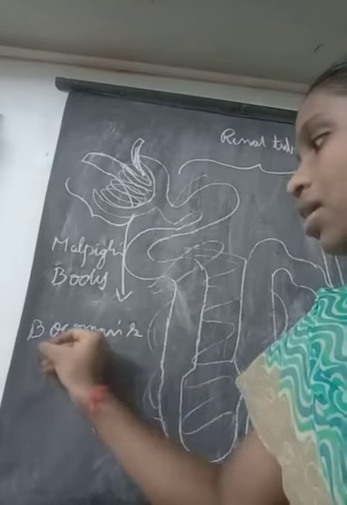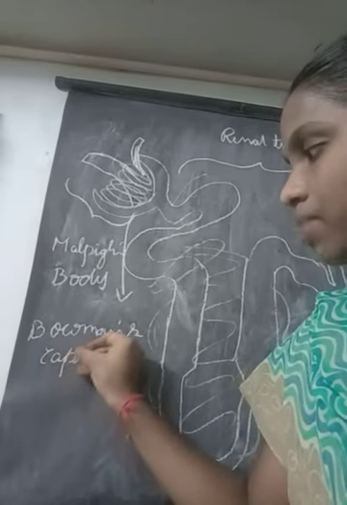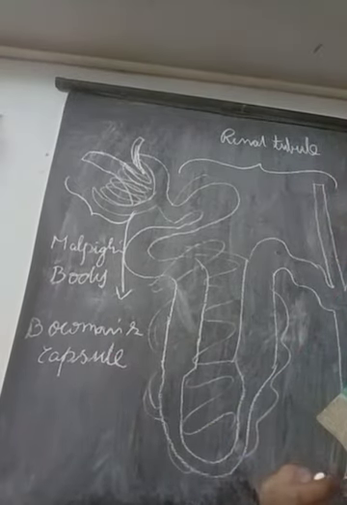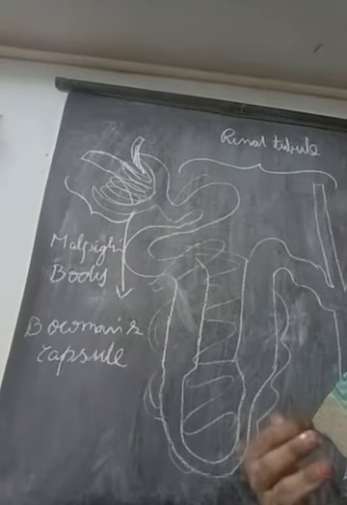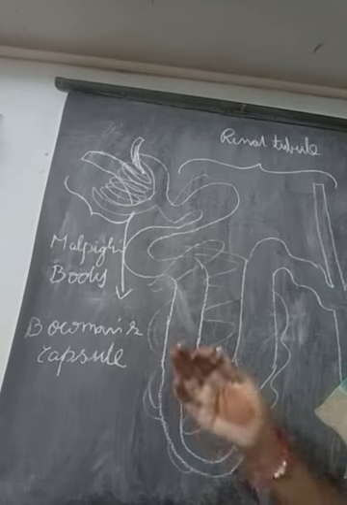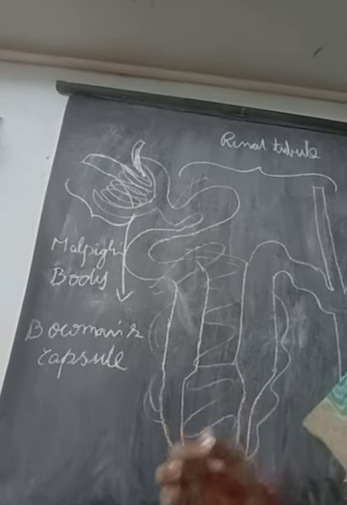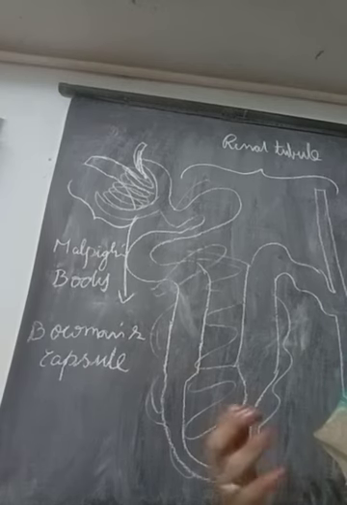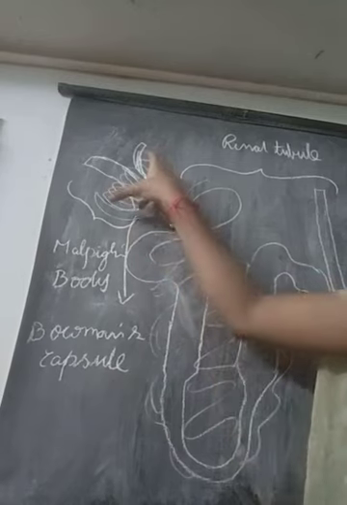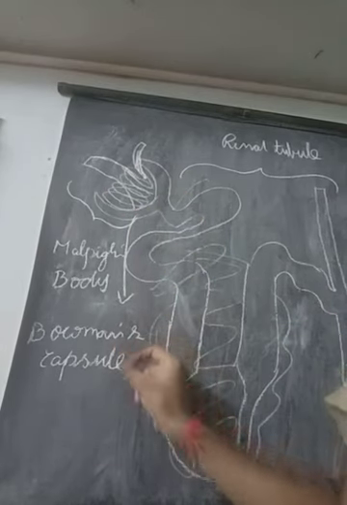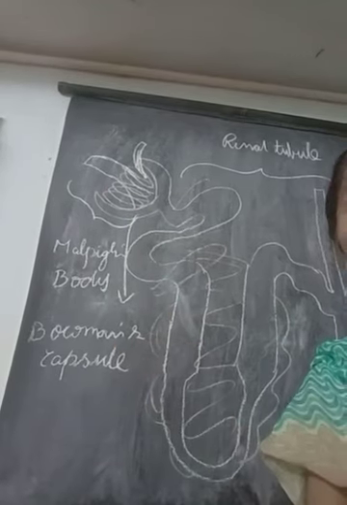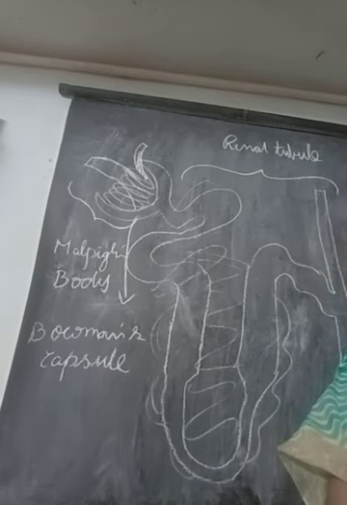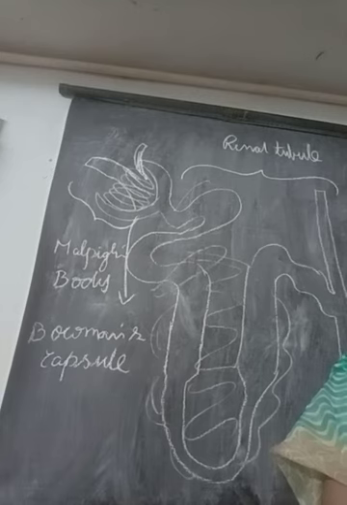These terms are a little bit difficult, but if you say them repeatedly, you will become familiar with these words. Don't feel that they are hard to pronounce and write. Repeat those words every time. This cup-shaped structure is called Bowman's capsule.